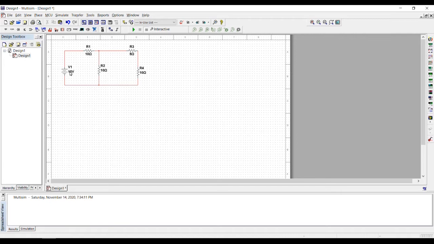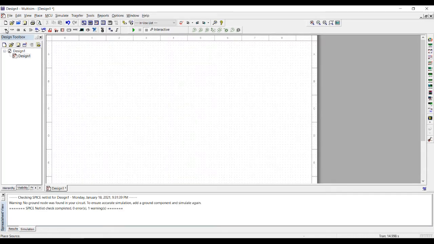Here we have a DC voltage source of 10 volts, and we will remove it with a short circuit. If there is any current source, it will be replaced by an open circuit, and if there is a voltage source, it will be replaced by a short circuit. Let me redraw this circuit without the voltage source.